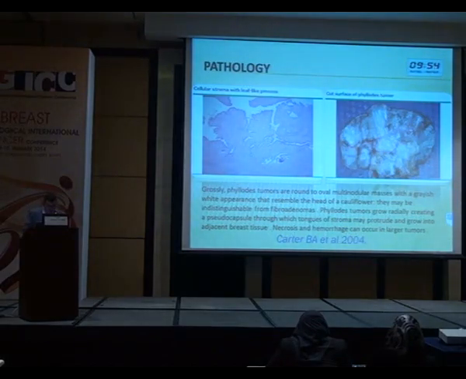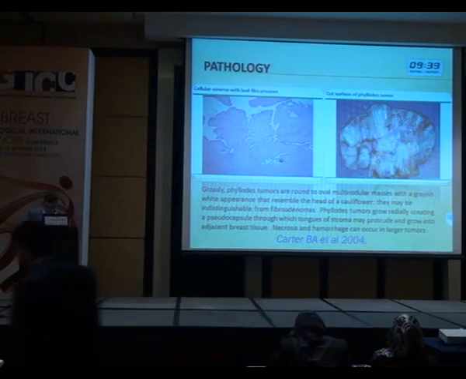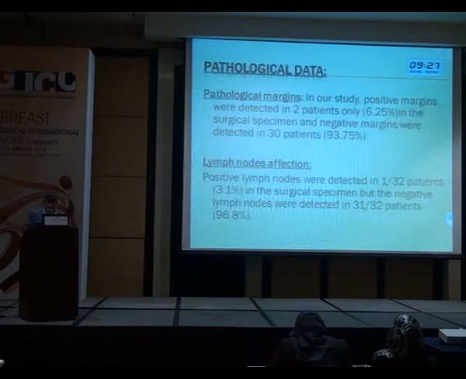Regarding the pathological subtypes, the gross picture of the Phyllodes tumor is characteristic: round, oval, multinodular masses with a grayish-white appearance that resemble the head of a cauliflower and may be indistinguishable from fibroadenoma. Phyllodes tumors grow radially, creating a pseudocapsule through which tongues of stroma may protrude and grow into adjacent breast tissue.